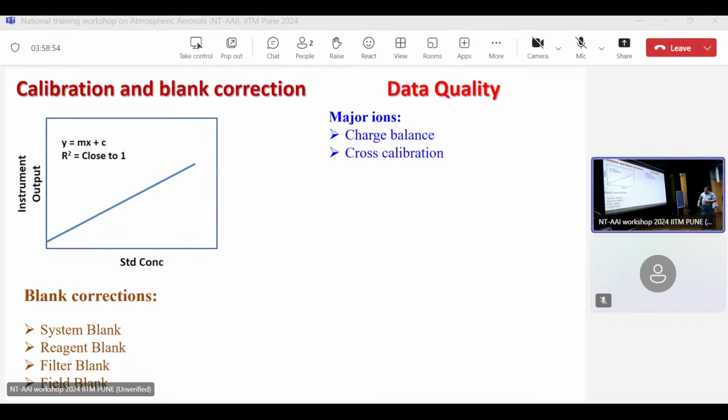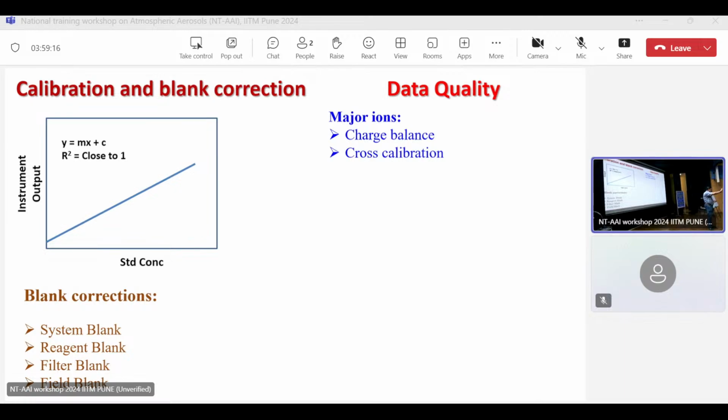Then the other part is cross calibration. Certified is not cross calibration, I will tell you. Whenever we are making some standard, there are two ways.